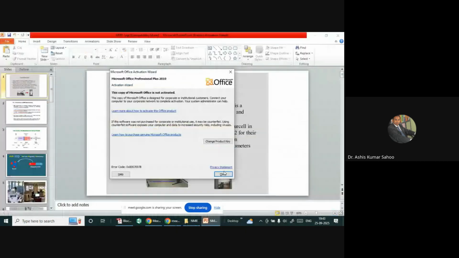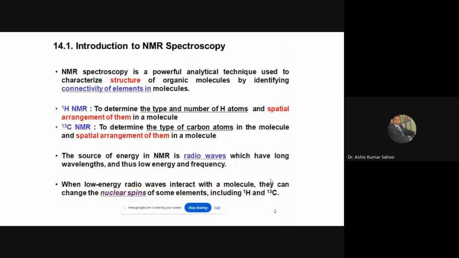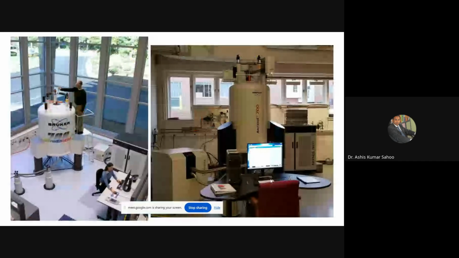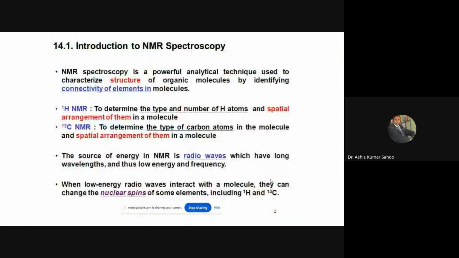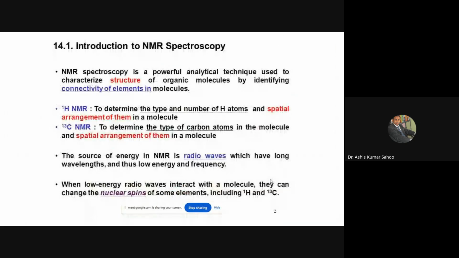I'll show you only the spectrum. So this is the proton NMR spectrum and NMR instrument. NMR is nuclear magnetic resonance. In NMR, radio waves are used as electromagnetic radiation.